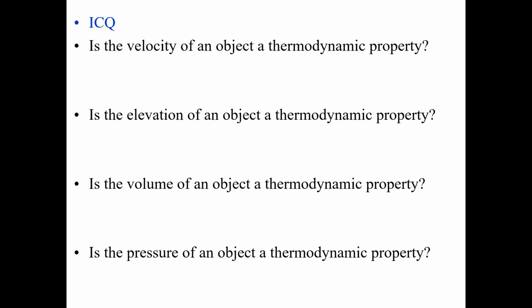So you can say that the velocity or speed of a system or an object is not a thermodynamic property. Although in many situations we can give a very meaningful value to the velocity of an object, that does not make it a property, because different people may give different values to velocity.